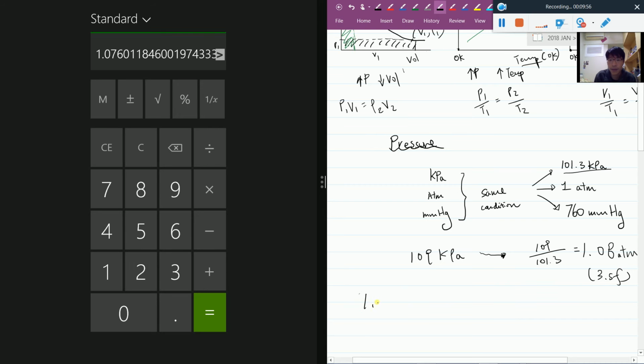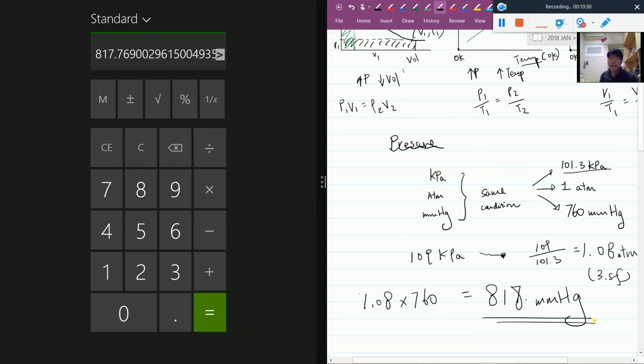Then 1.08 times 760 equals our answer, 817. It's more than enough because these are three significant figures, so we need to round it up. It should be 818. Then I will write down mmHg. That's our answer.